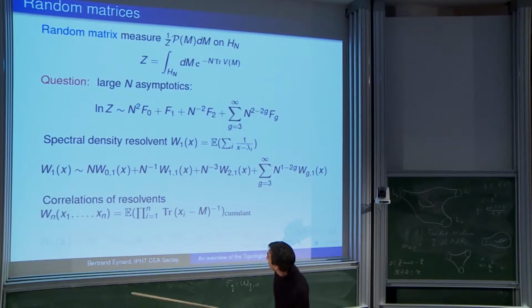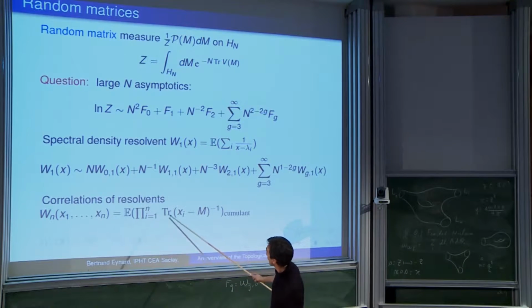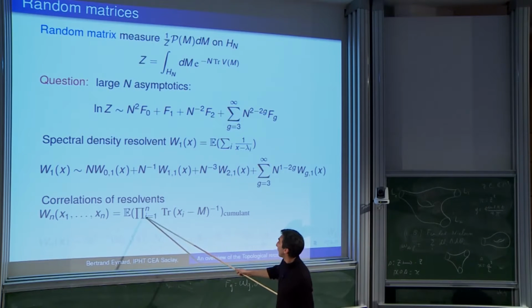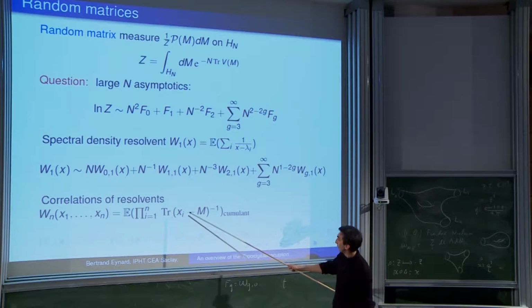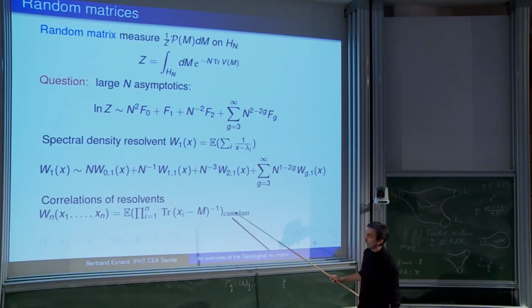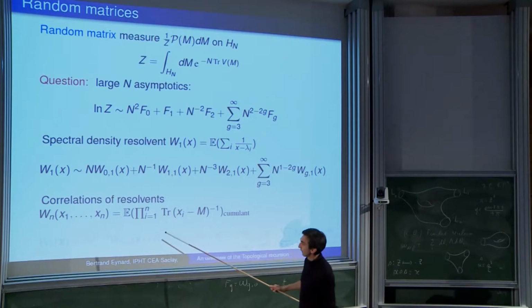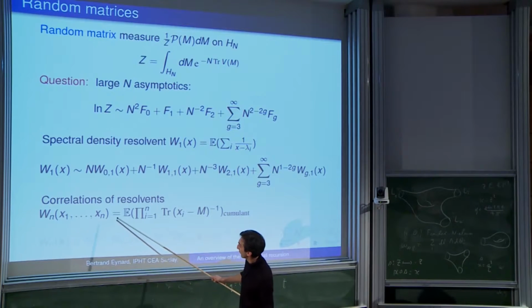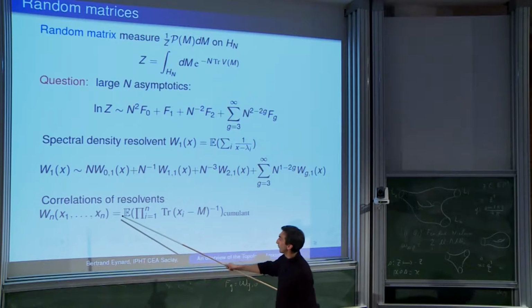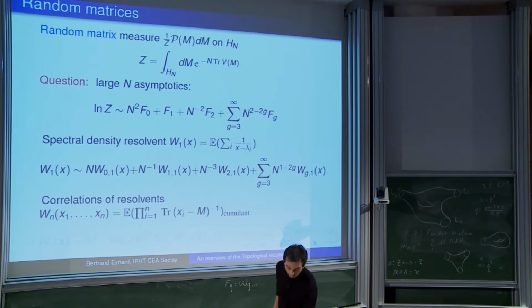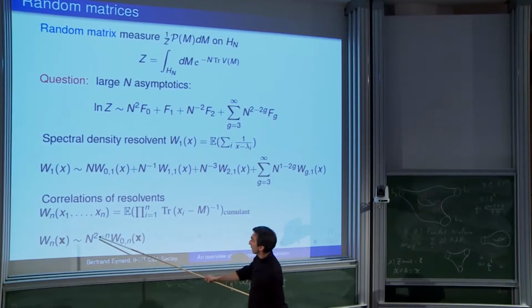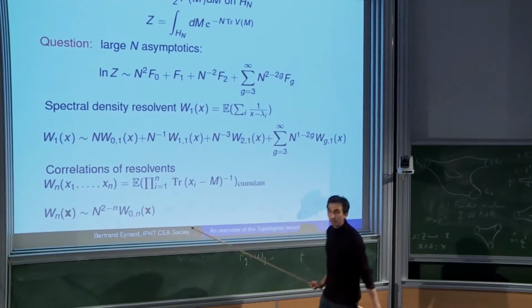And you can do that for higher correlation functions. A correlation function is you take a product of resolvents. Well, take the cumulant. I don't want to say what it is, but it's just a technical thing, quite easy. And this defines the n-point correlation function. And again, start to observe how it behaves at large N. At large N, it behaves like N to the 2 minus n.